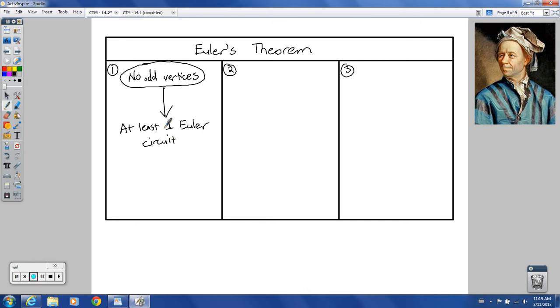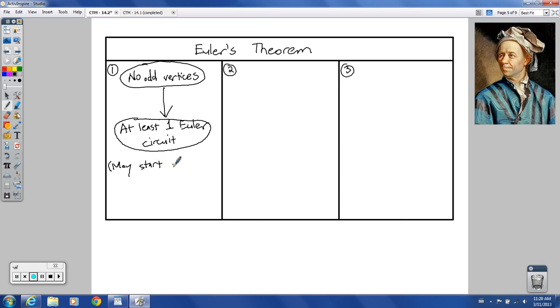So I would assume that Euler was the one that first proved this, since it's named after him. Most of the time that's what happens in math or science. If you prove or discover something, you can name it after yourself or whatever you want.